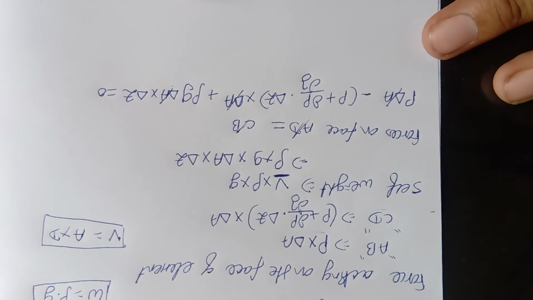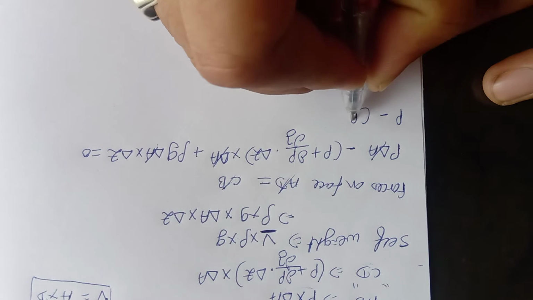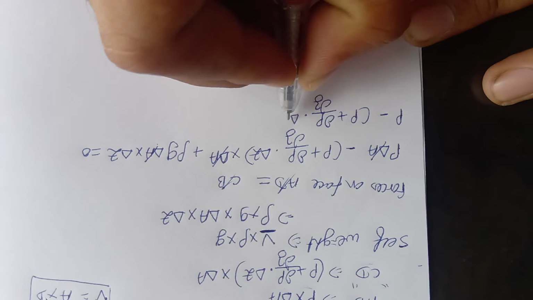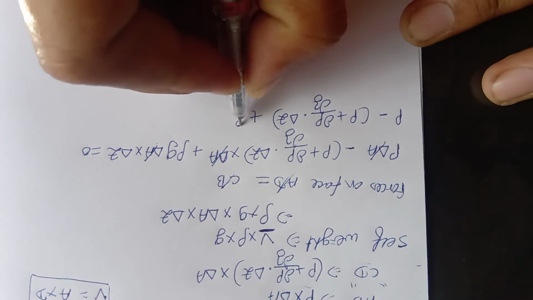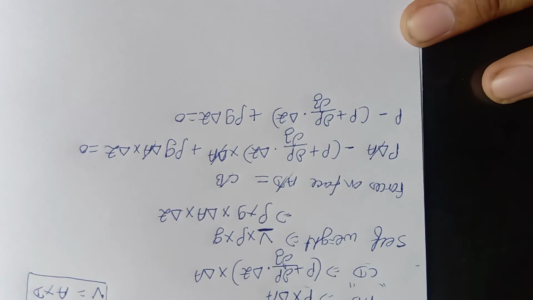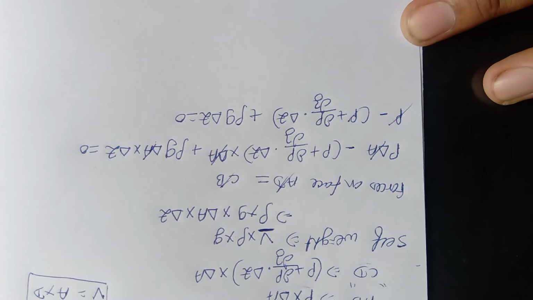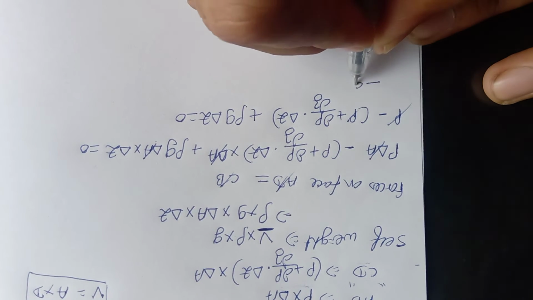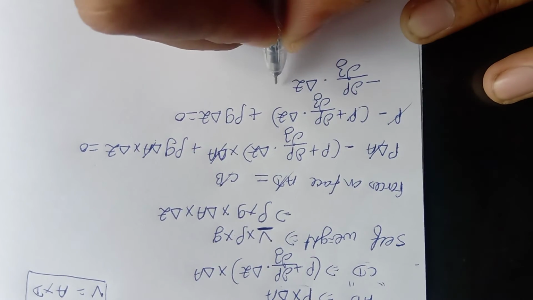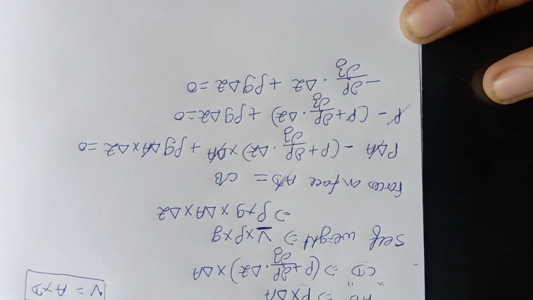Now what remains from this equation? P minus P plus dou P by dou Z into delta Z plus rho G delta Z is equal to 0.